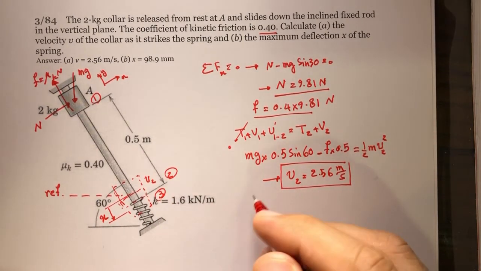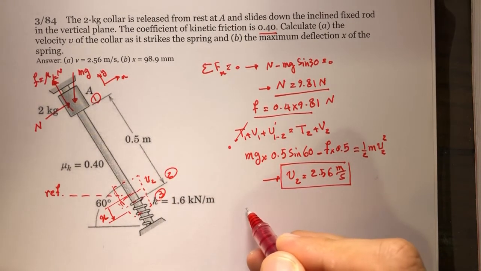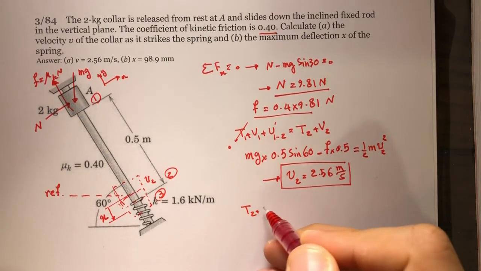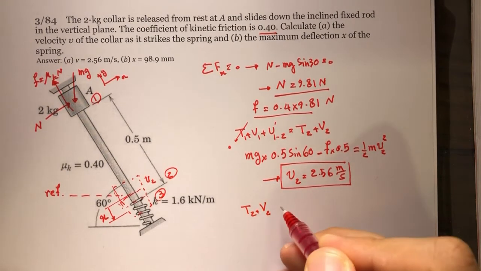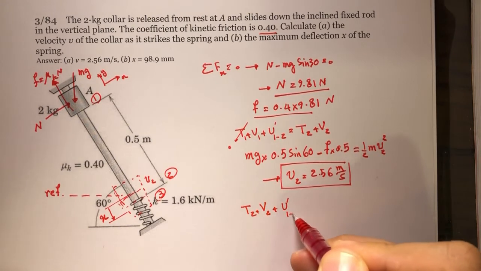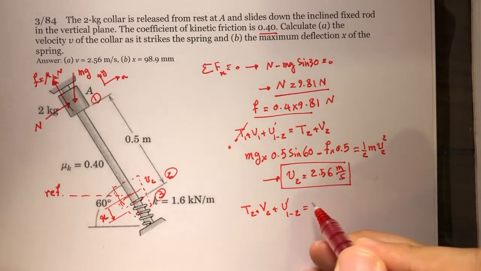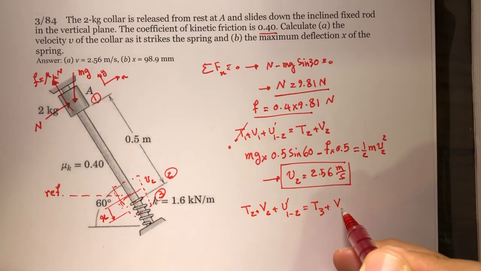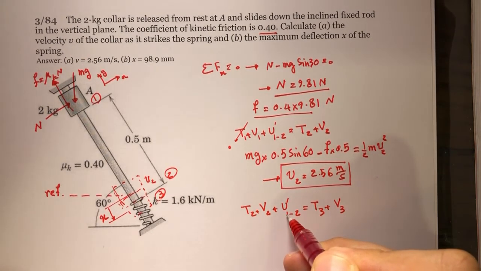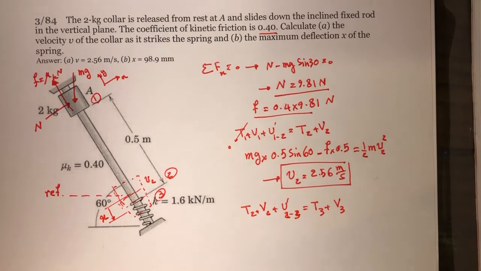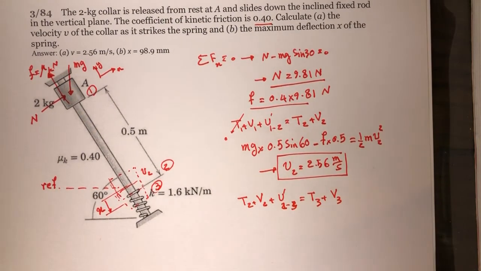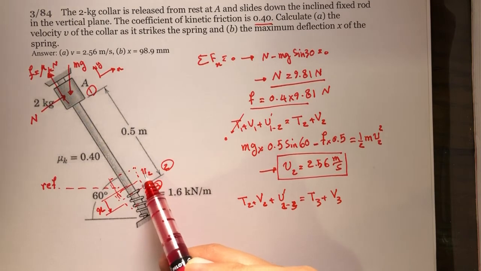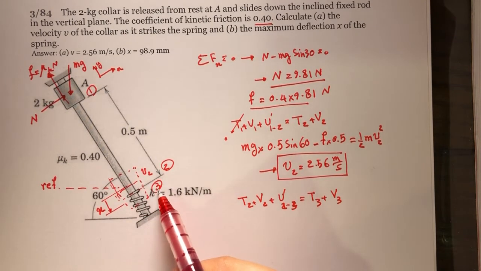So we are going to have T2 plus V2 plus U prime from 2 to 3 equals T3 plus V3, because we are writing it between point 2 and point 3. At point 2 it is first touching the spring, and point 3 is the maximum compression.